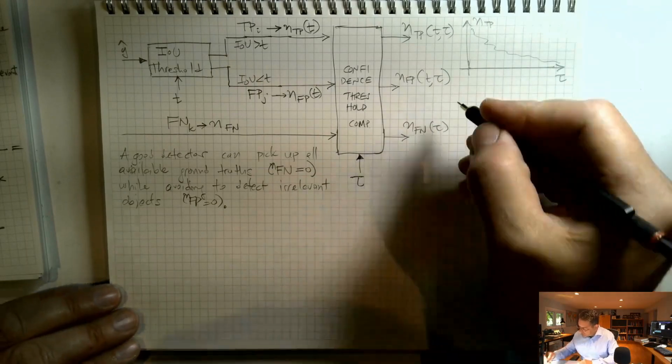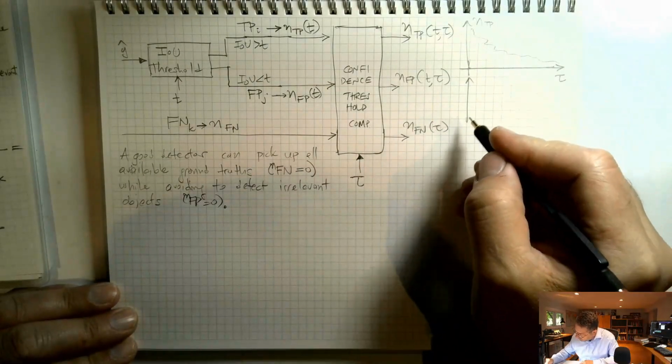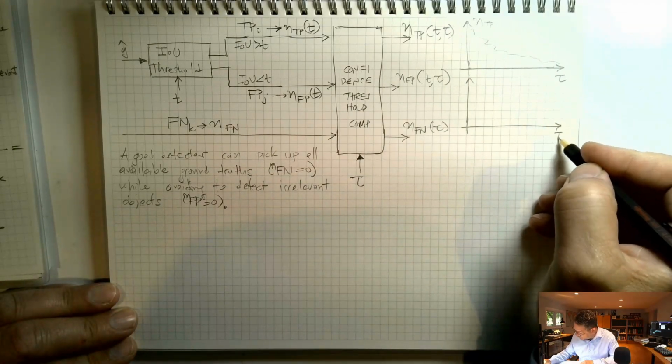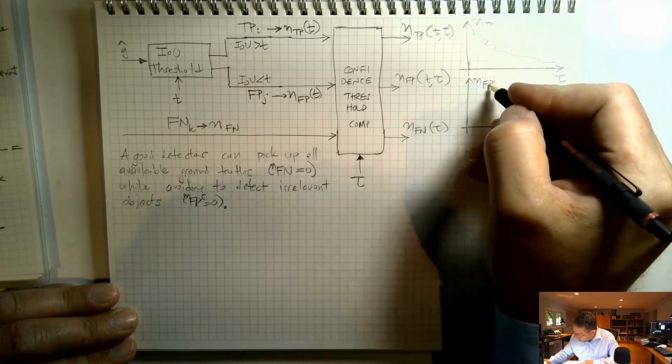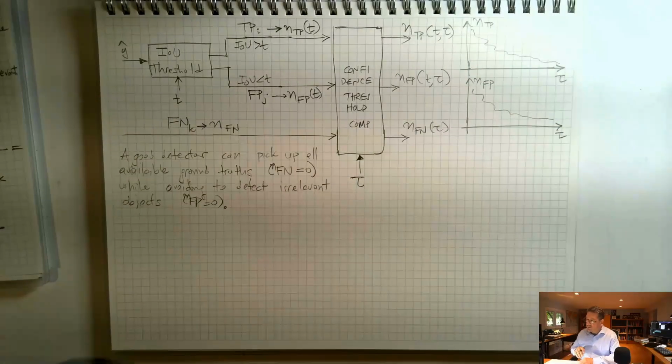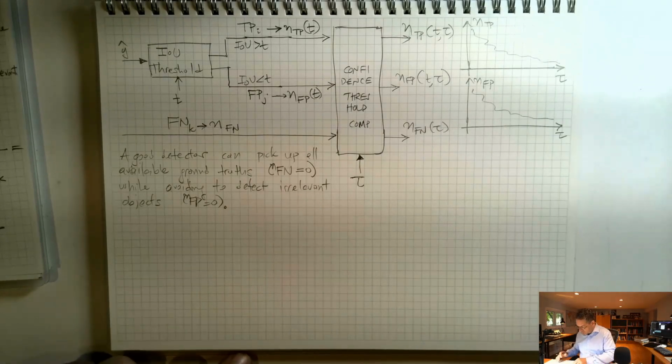What happens now with respect to false positives, with respect to the tau? Let's try to think about it, and we'll still see a downwards, decreasing relationship with the confidence tau.